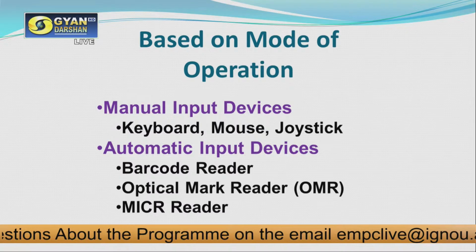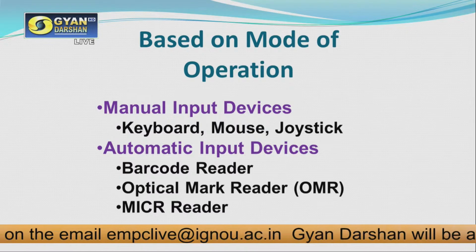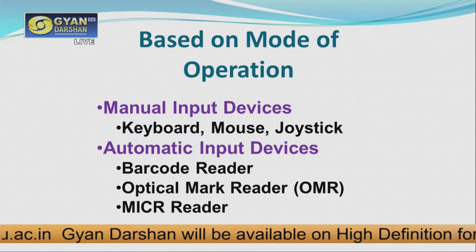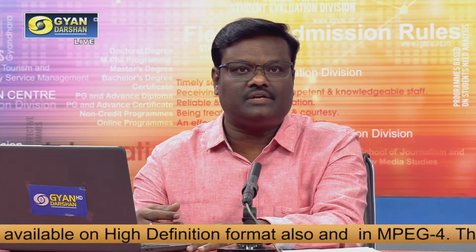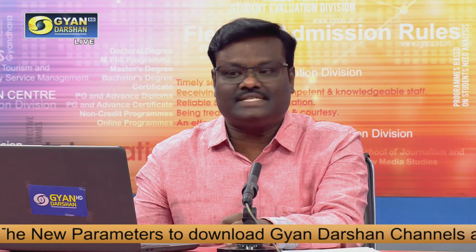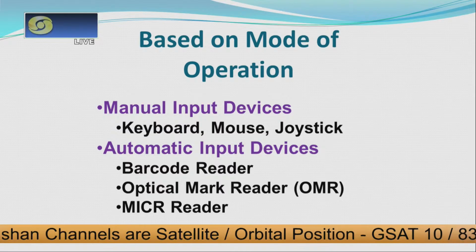One may be the barcode reader, which we use in supermarkets or in any bookshops, etc. in order to scan the barcodes which are available on the articles. So directly, without any manual intervention, it will be scanned and then the input will be fed on to the system. And then there are certain other input devices which function automatically, and those are optical mark reader and MICR reader. All these things we will be learning one by one.